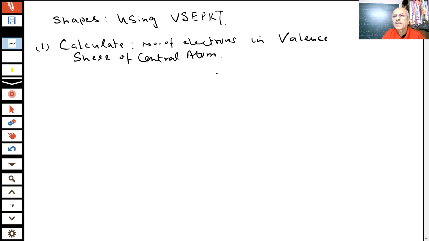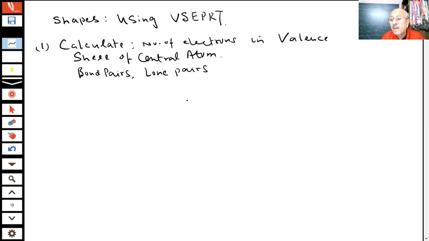After that, we can decide the shape of the molecule. There will be bond pairs and there will be lone pairs of electrons. Bond pairs are those which are forming the bond. Lone pairs are those which are not forming the bond. In any molecule, there are two possibilities. So basically we have to find electron pairs first. How many electron pairs are there in the valence shell?